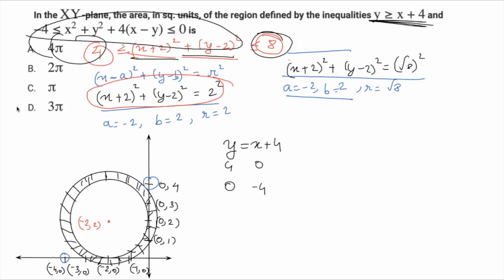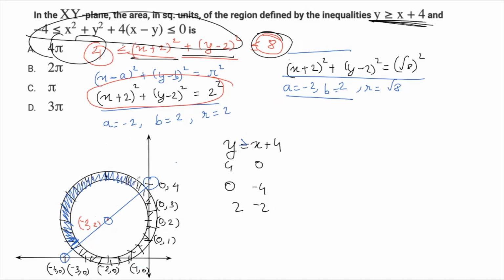Additionally, guys, when I substitute x = −2, I get y = 2. That means this line also passes through the center of this circle. And since you want y ≥ x + 4, you want the region above this blue line. So the region above this blue line and also in between the two circles will be the area I'm highlighting in blue right now. This part will be the required answer.